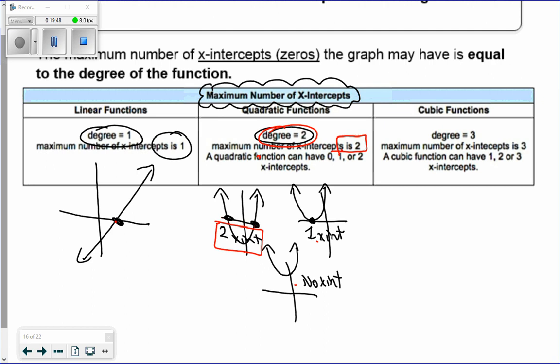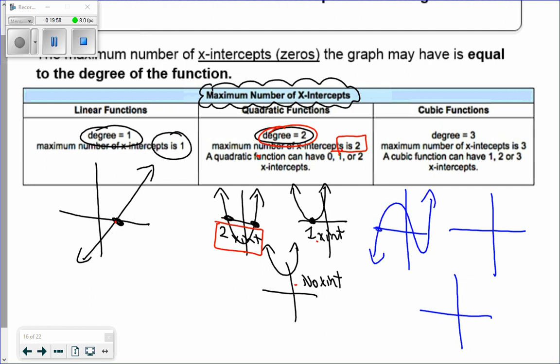Cubics can have the following. They can have 3, they can have 2, or they can have 1.